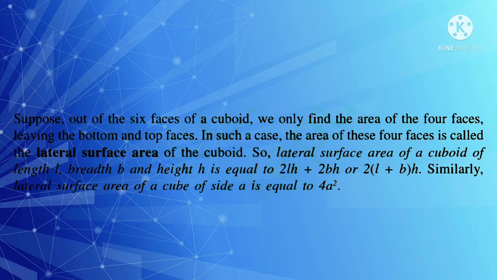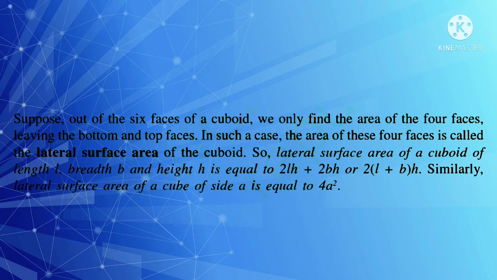So our formula is 2 times of length into height plus 2 times of breadth into height. Is it clear? Lateral surface area means we get the 4 side faces, and the bottom and the top faces are open. These two are not included.